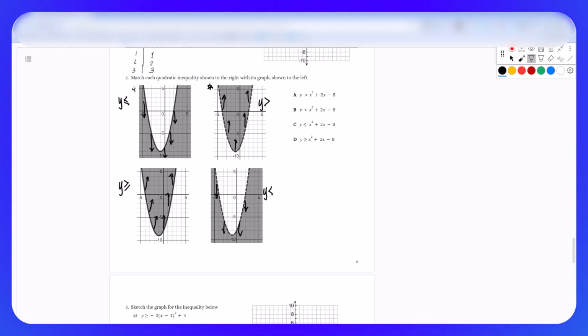So knowing that, when we look at the graphs, we can say that for the first graph right here, we have y greater than.